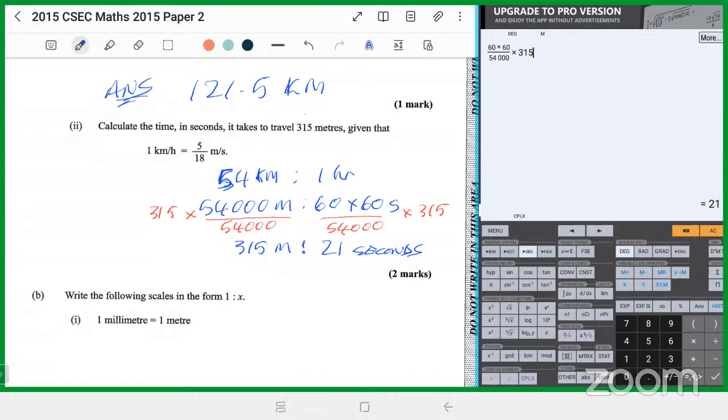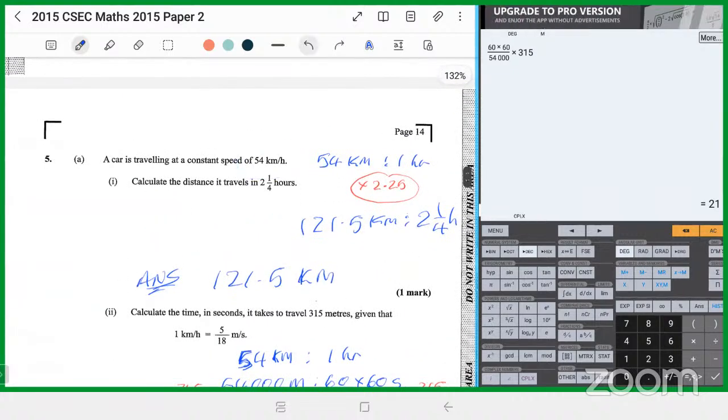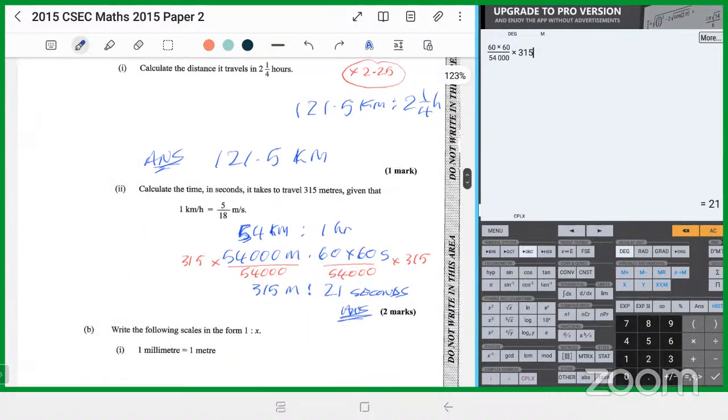Do it like a ratio. Just because I don't do this topic yet in the class, just do it like a ratio. But that's the answer right here: 21 seconds. You start off with what they give you, recognizing that this speed simply means they go 54 kilometers in 1 hour, like a ratio. Set up like a ratio, 54 kilometers to 1 hour. And they want it in meters and seconds.